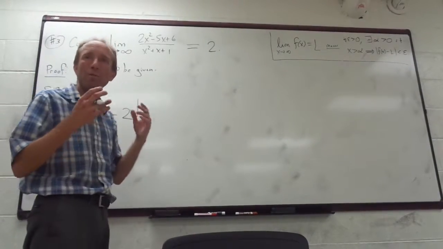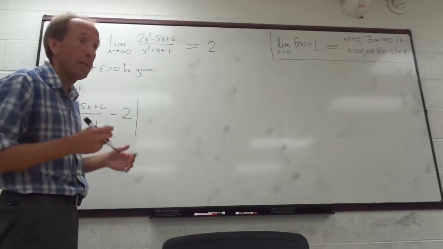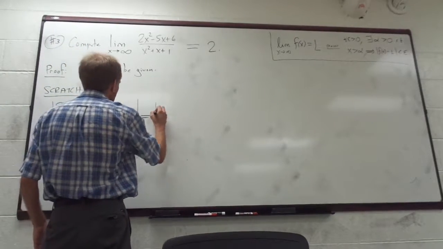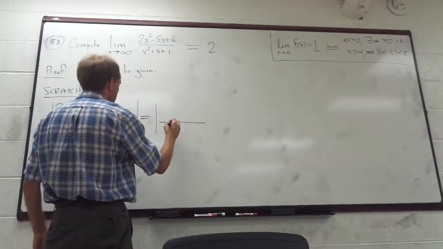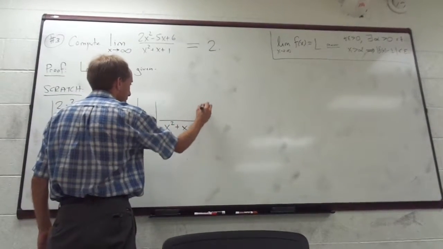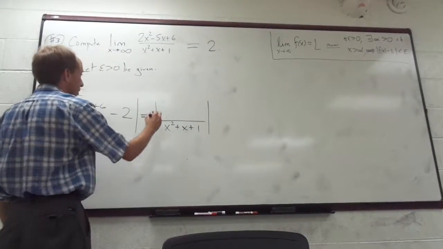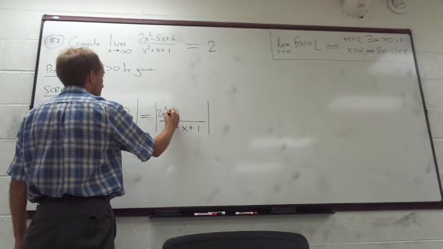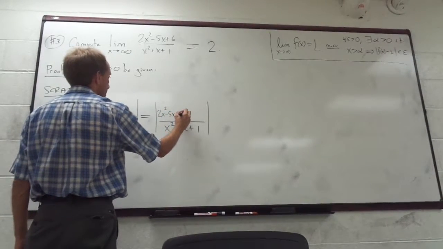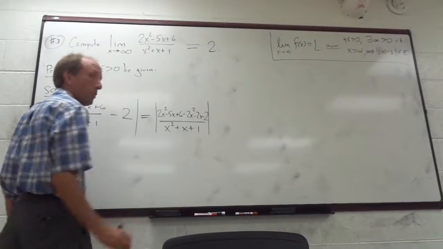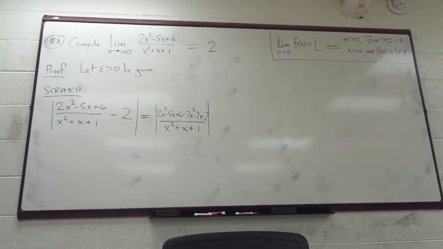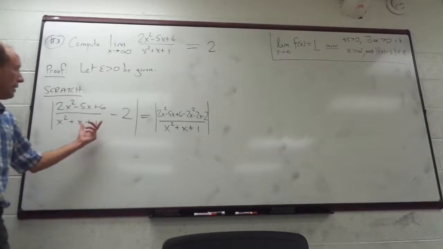The algebra simplification is, of course, reversible. So I can just go ahead right now and put down a common denominator of x squared plus x plus 1. That gives me 2x squared minus 5x plus 6 minus 2x squared minus 2x minus 2. Right? So I'm subtracting double the denominator.